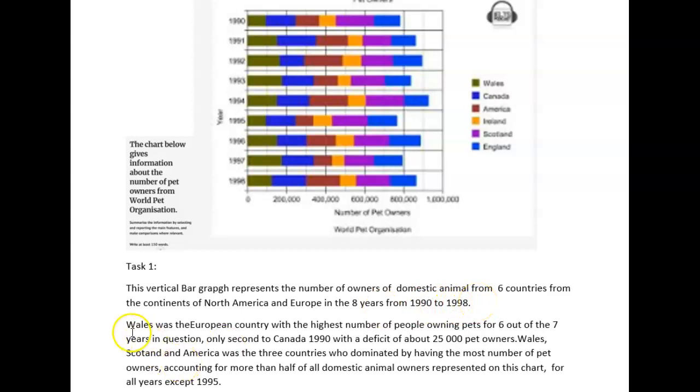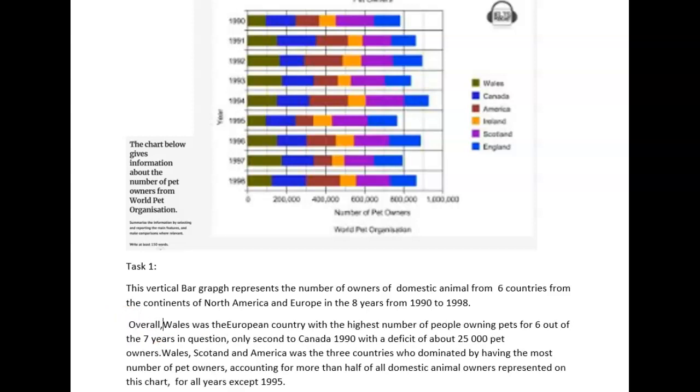Good. Overall, this is similar to the other correction I did in terms of organisation. Overall, Wales was the European country with the highest number of people owning pets for 6 out of the 7 years in question. Good. Only second to Canada. We would say second only to Canada in 1990 with a deficit of about 2,500 pet owners.